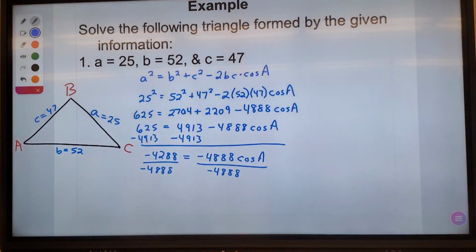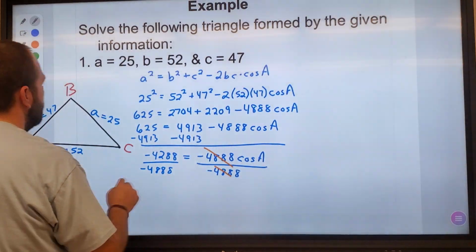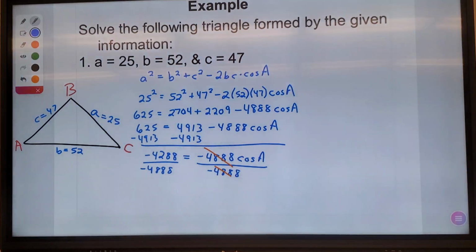And then I'm going to have to do what? Here, notice that I have to find the angle, and I have to get rid of that cosine. So I cannot just divide by cosine. I have to apply that inverse property.